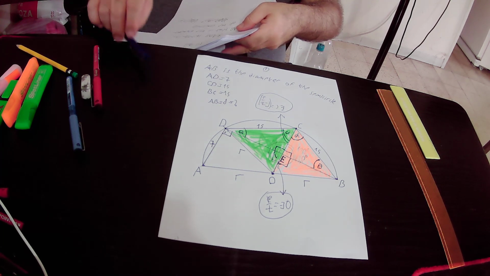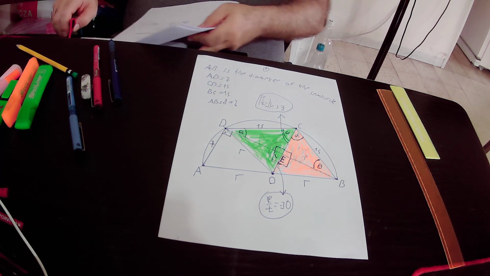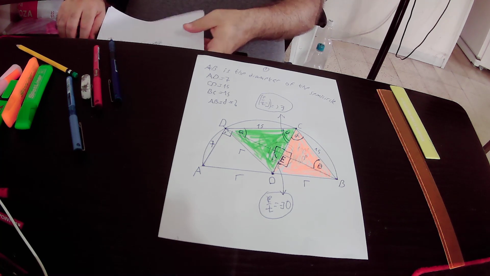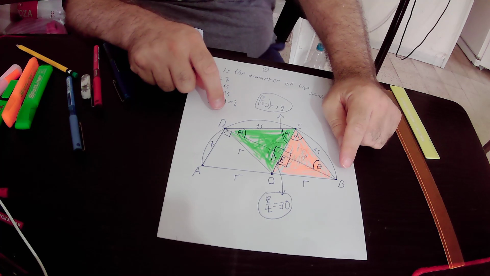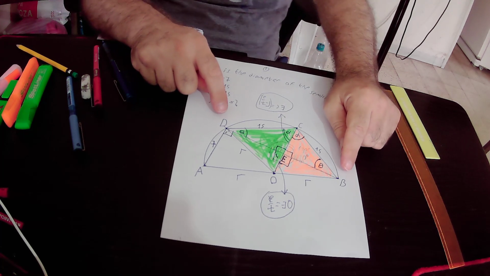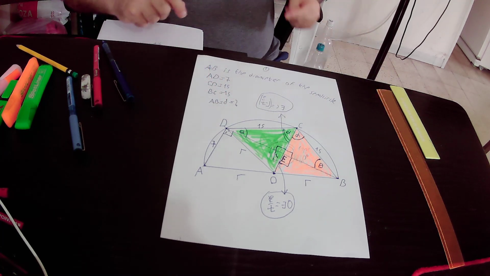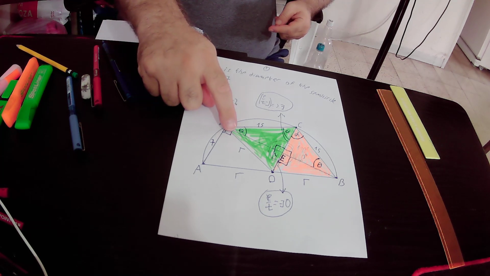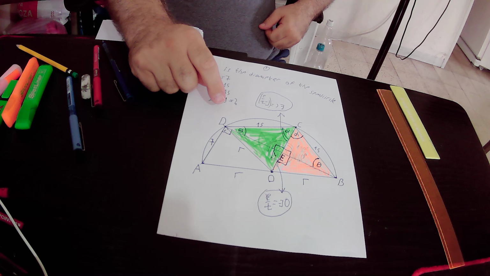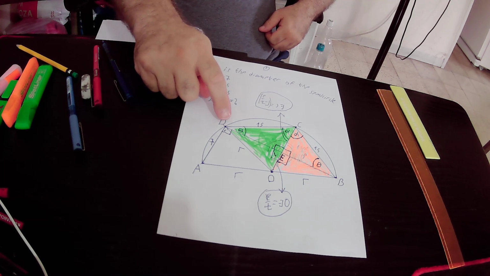So the first thing that we did is we did a construction. We joined together points D and B by a straight line, and we created angle ADB, that is a peripheral angle. According to rule number 1, this peripheral angle equals 90 degrees.